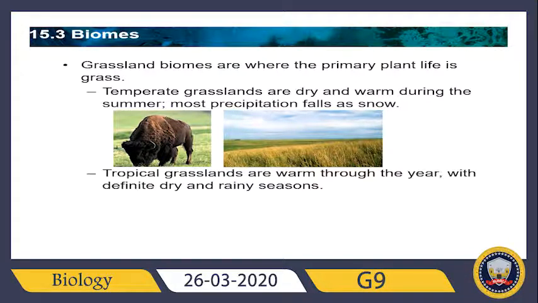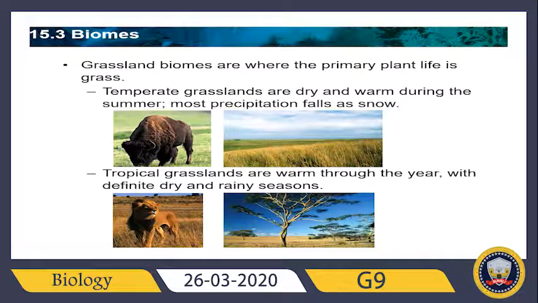Tropical grasslands are warm through the year with definite dry and rainy seasons. So again, temperate grasslands are like the grasslands near the Rocky Mountains, while tropical grasslands you'll find in Africa, near the savannas, where you can find natural lions, for example.